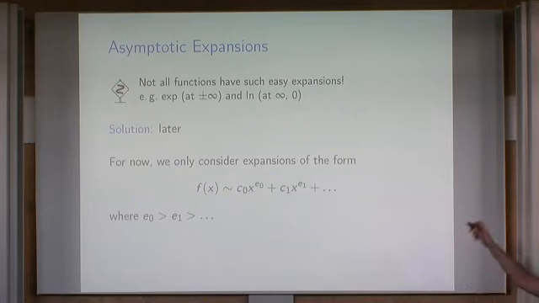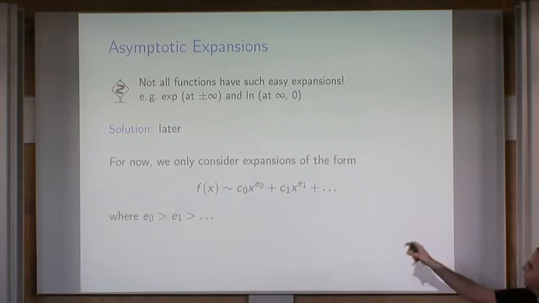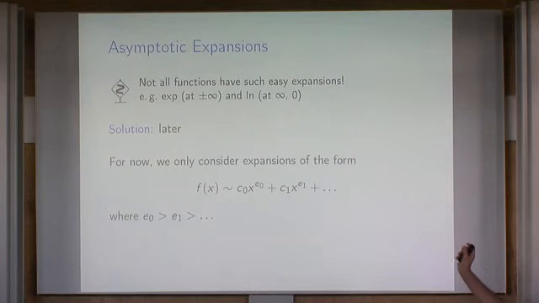essentially a formal series of countably infinitely many terms of the form some real constant times x to the power of some real constant. And of course, we want the exponents to keep decreasing. I should mention that I've implicitly shifted the situation to x going to infinity, because that makes things a little bit easier in my opinion.